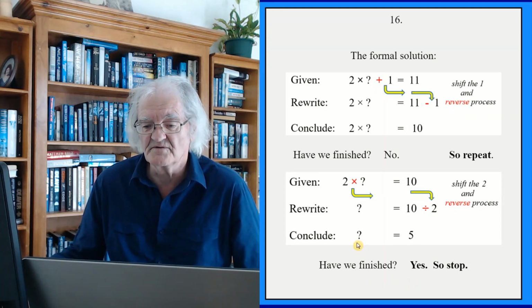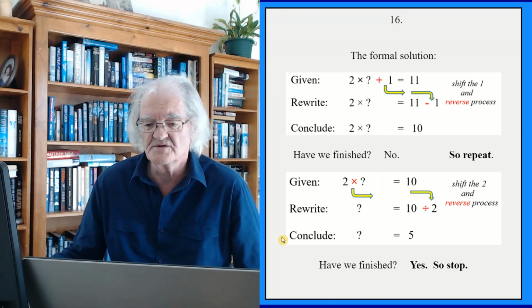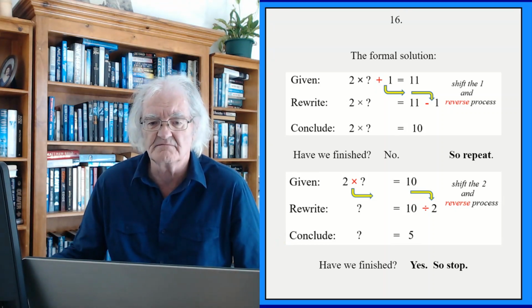The missing quantity has been isolated, so we stop the processing. We have used a basic 3-step process twice in order to get from a statement which has a missing number in it to a conclusion about the value of that missing number.